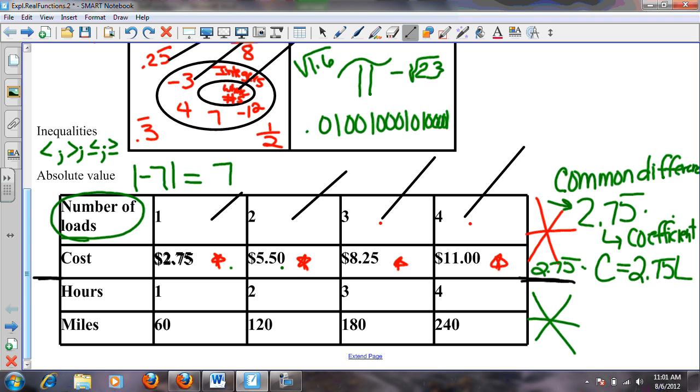Let's look at the hours versus the miles. You take a minute and compare the difference between 60 and 120, 120 and 180, 180 and 240.